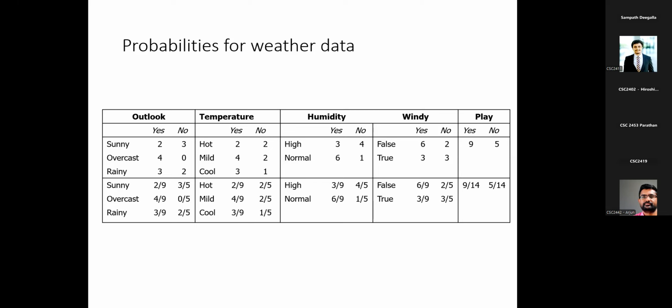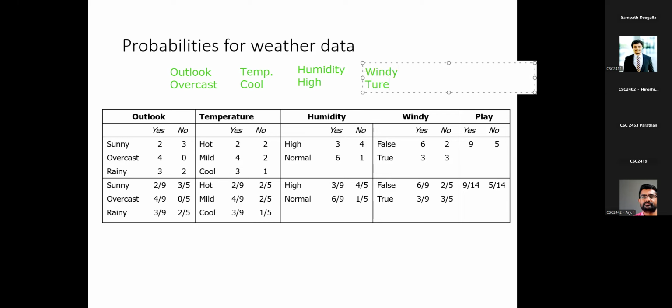So what we need to identify now is, we have outlook is overcast, then temperature is cool, humidity is high, then windy is true.